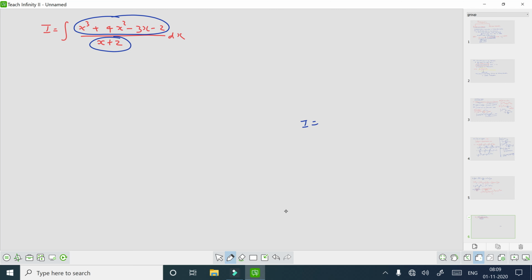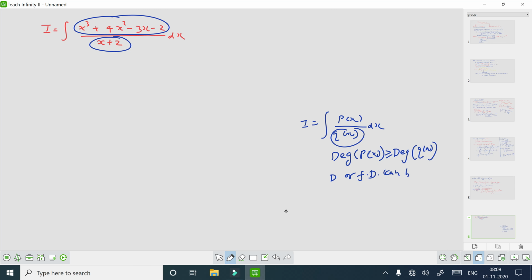Whenever I is equal to polynomial p(x) over polynomial q(x) is given, of any degree, whenever the degree of the numerator polynomial is greater than or equal to the degree of the denominator polynomial, then the denominator quantity or a factor of the denominator quantity can be arranged in the numerator.